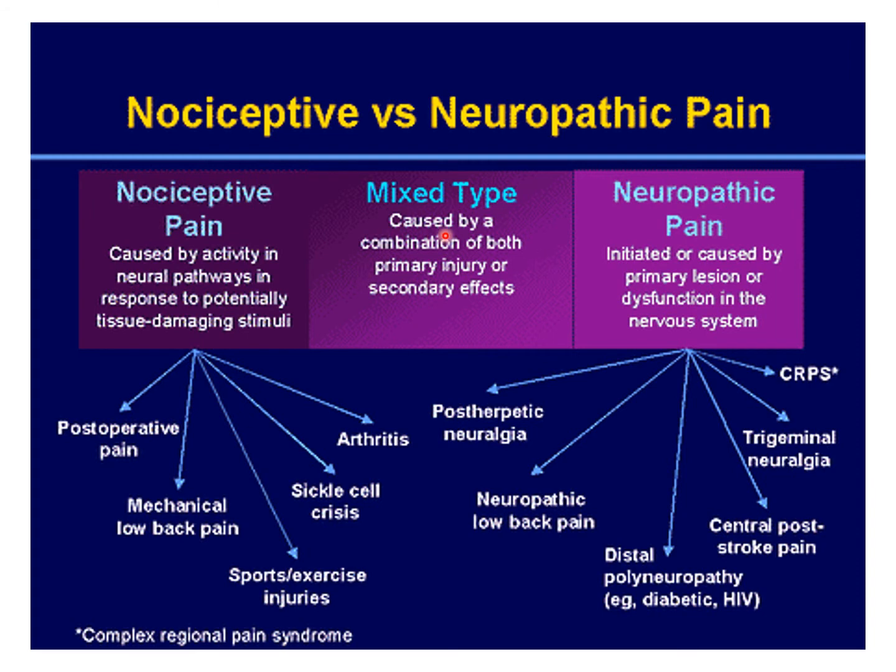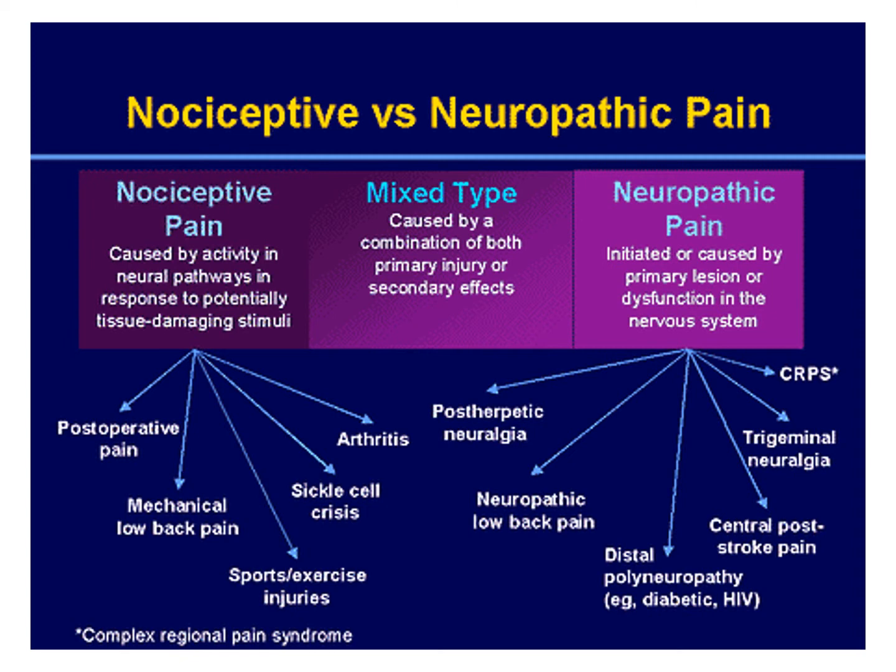And then you can get this mixed type where you might have nociceptive pain that, with healing that is not entirely back to the original architecture of the tissue, may induce aspects of neuropathic pain in that healing process as secondary.